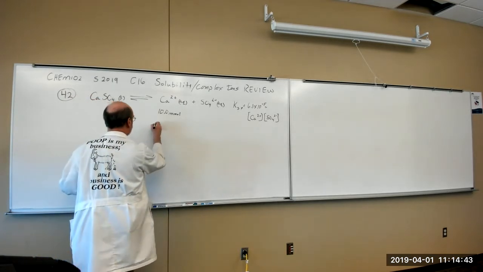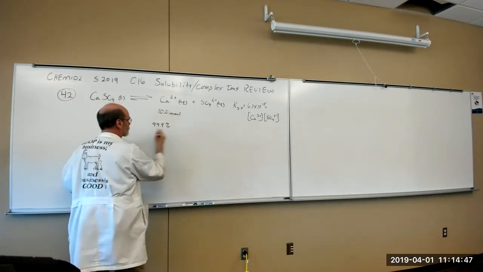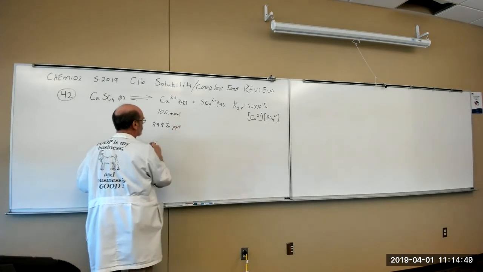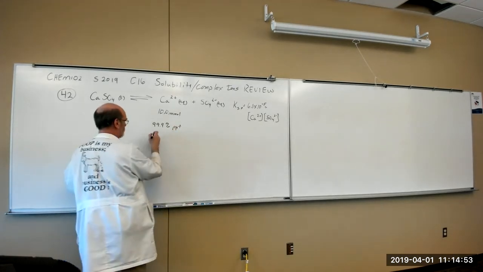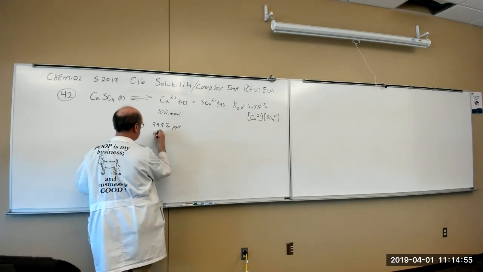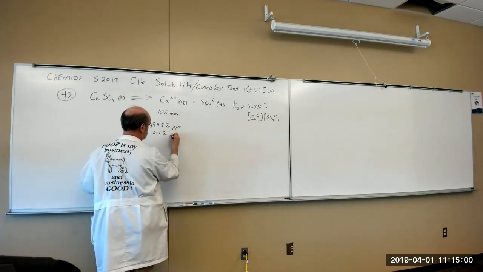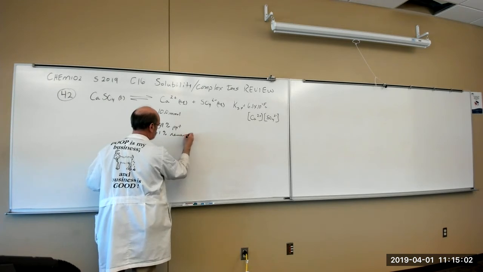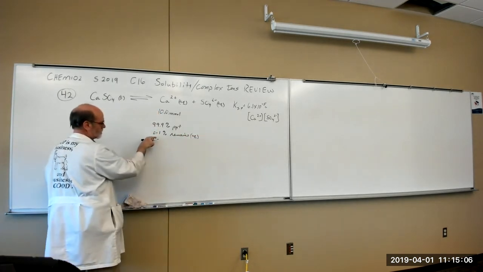So if 99.9% is precipitated, how much is left in solution? 0.1% remains in solution, right?